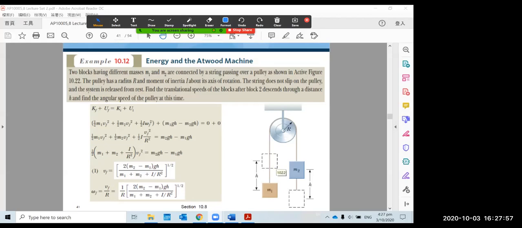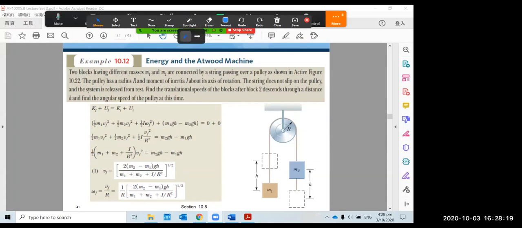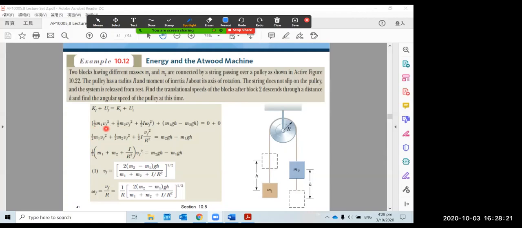So the change in the gravitational potential energy is m1 gh minus m2 gh. And the loss in the gravitational potential energy is converted into the gain of the kinetic energies of the masses as well as the flywheel.